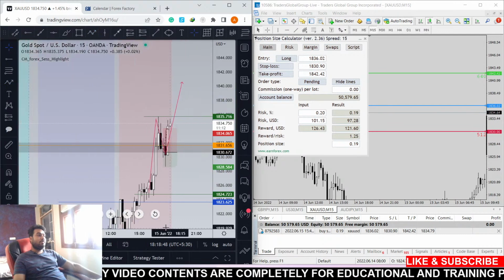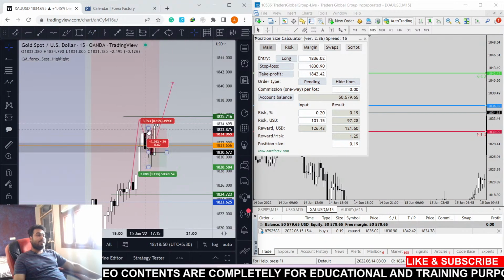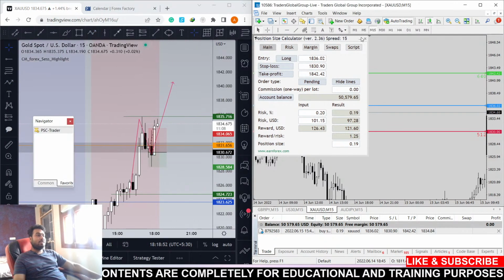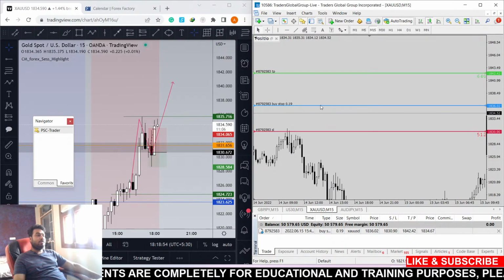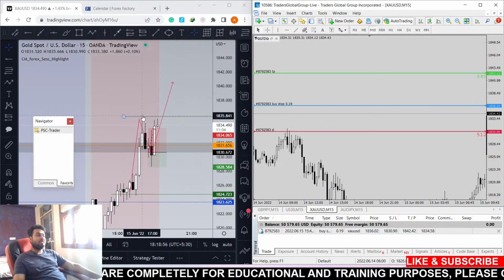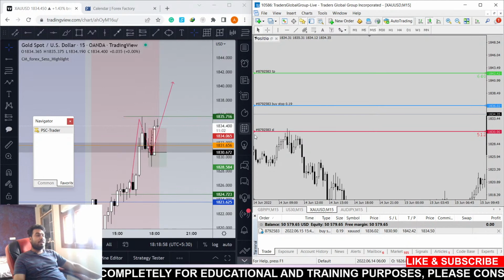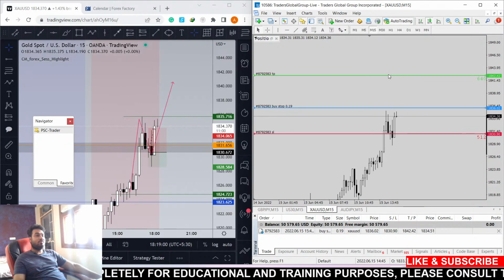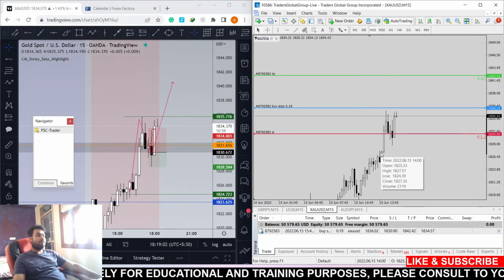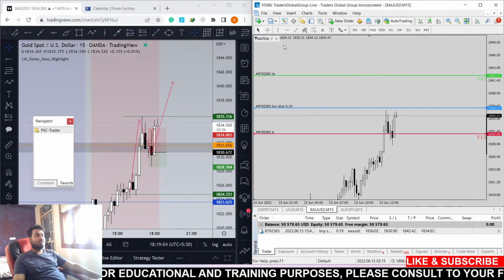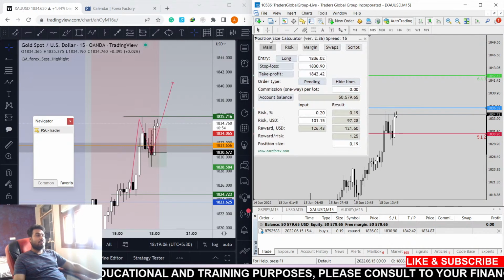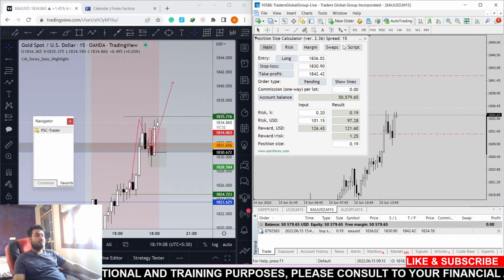That is why I am placing my pending order in this area. If it breaks this high, it will tag me in and keep continuing its move to the upside.